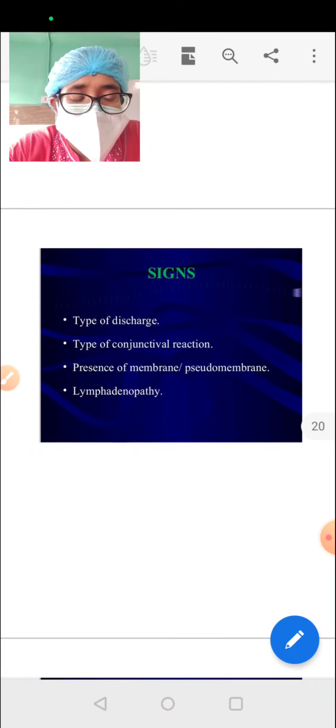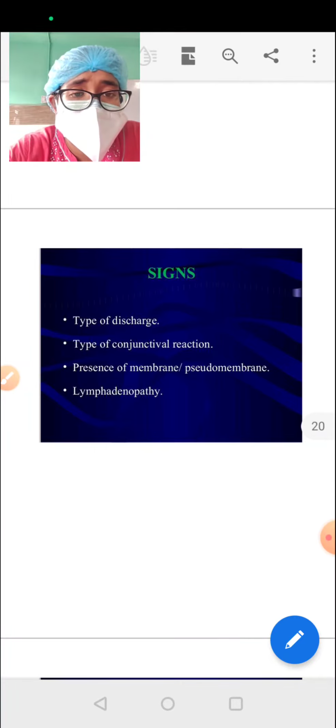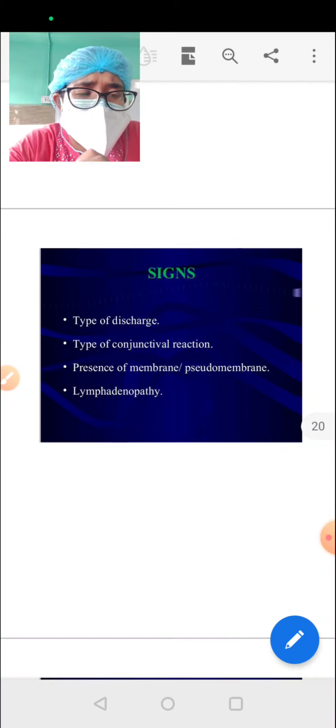Now, on the types of conjunctivitis, depending on the signs, you can tell somewhat what kind of conjunctivitis you have.